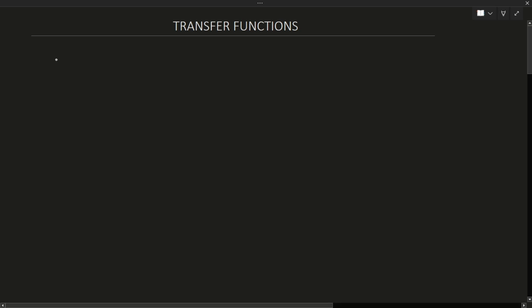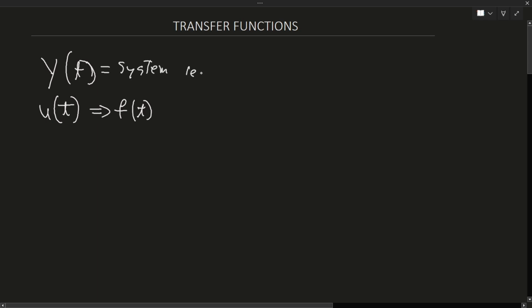You have your system inputs, whatever you're putting in, which could be u(t) or f(t), and y(t) is basically your system's response. It's basically whatever the simulation gives you as a result, and this is your input.